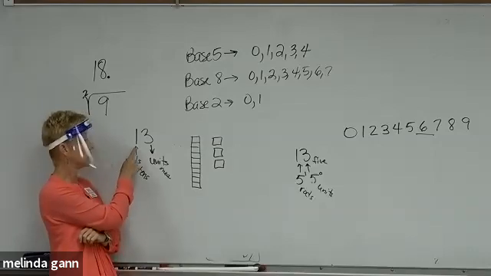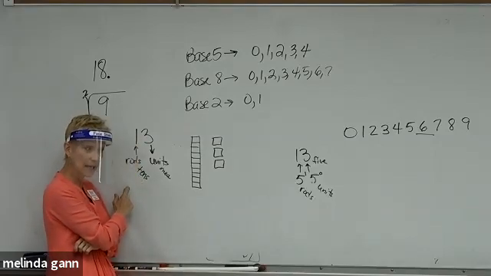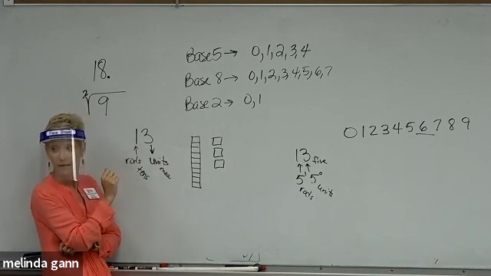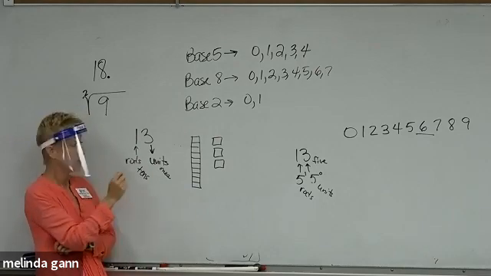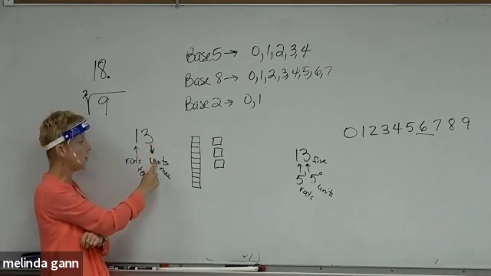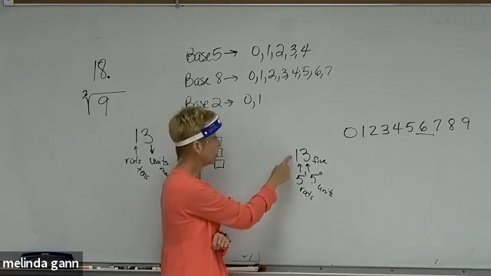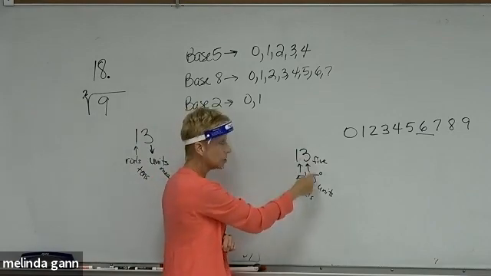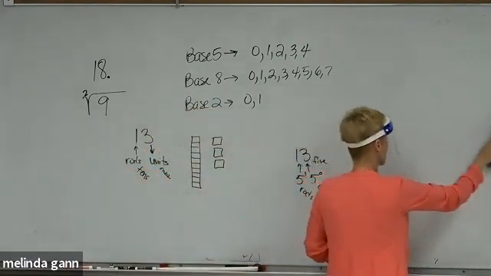I needed what? The face value tells you how many, and the place value tells you what. This says I need 1 rod and what? 3 what? Units. So that's what I need you to pull out. 1 rod and what? 3 units.